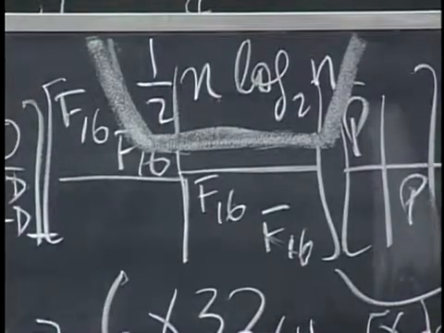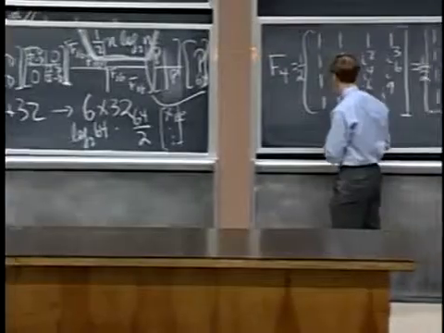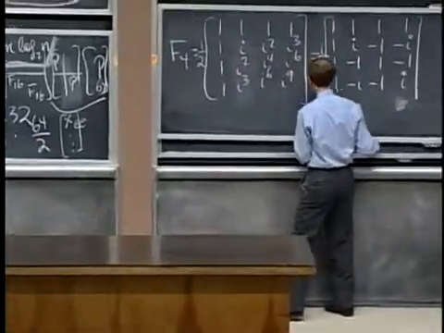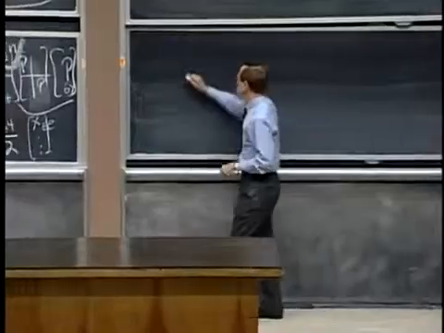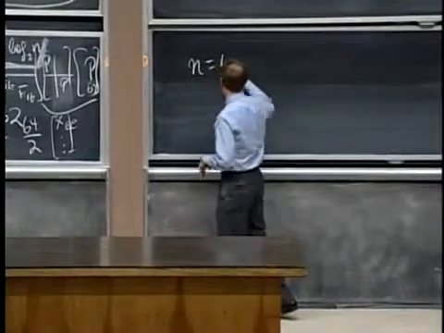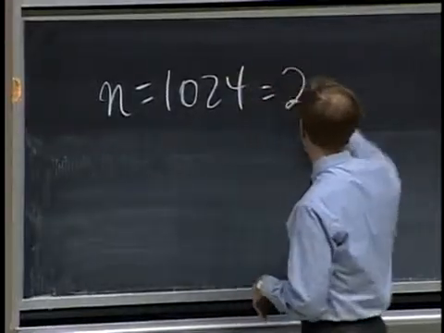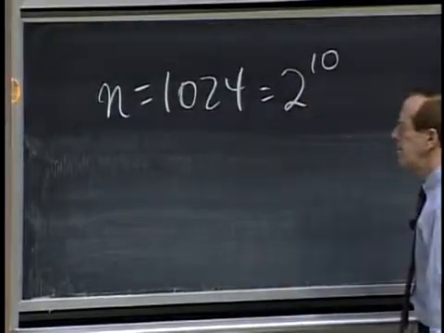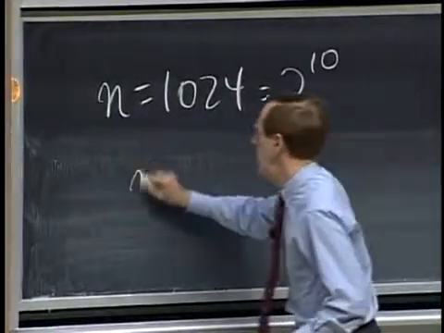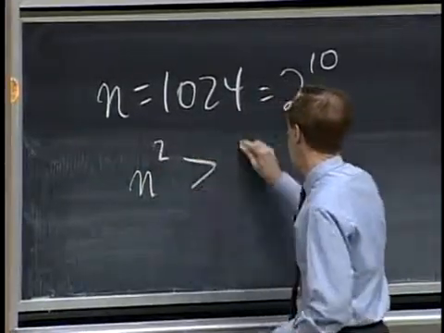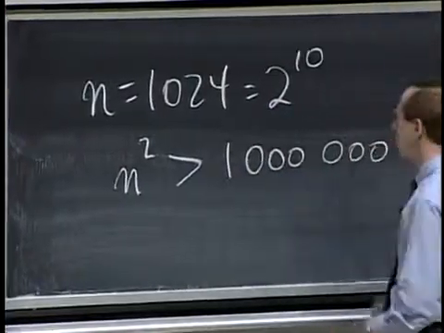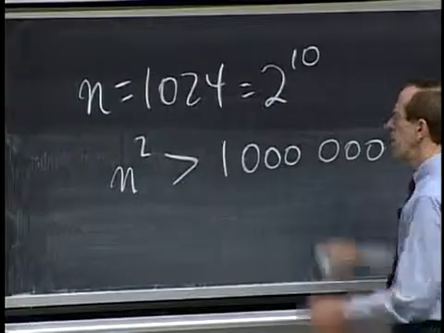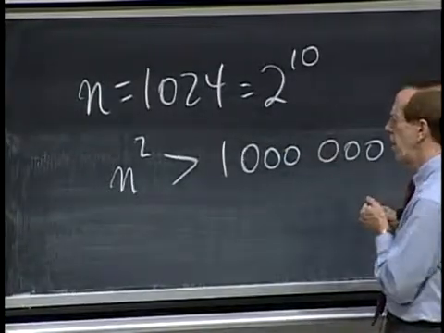And if we just complete by doing a count, let's suppose a typical case would be 2 to the 10th. Now, n squared is bigger than 1,000,000. So it's 1,024 times 1,024.